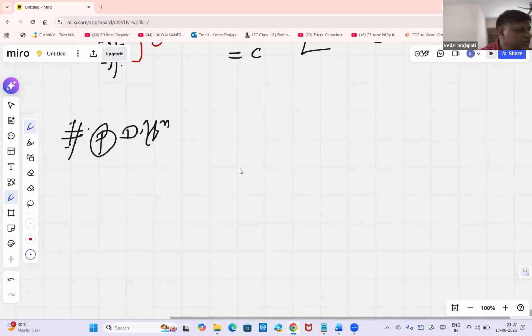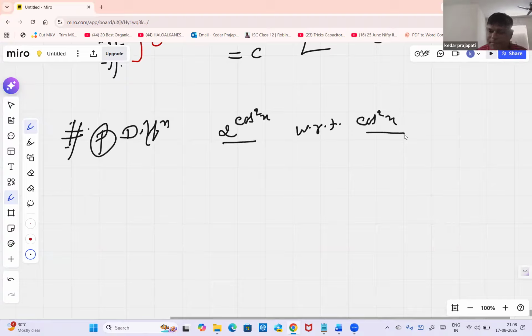Differentiate 2 to the power cos square x with respect to cos square x. So what we will do, right? We'll take this as u, this as v, right? And we'll do it. Correct? Yes, sir.